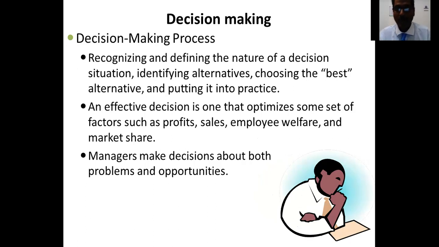First we have to identify what choices we have, that's identifying the alternatives. Choosing the best alternative means there may be many, but which alternative is suitable for us? Suitable in the sense of feasible for our skills, knowledge and conditions.